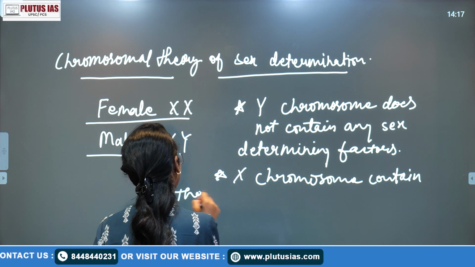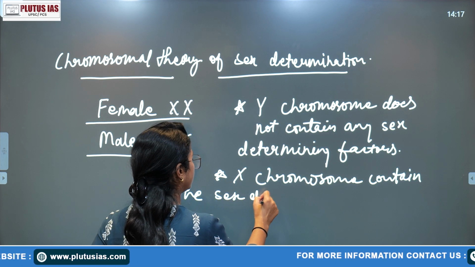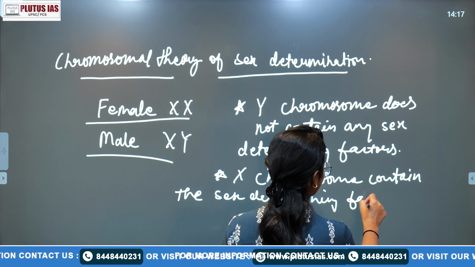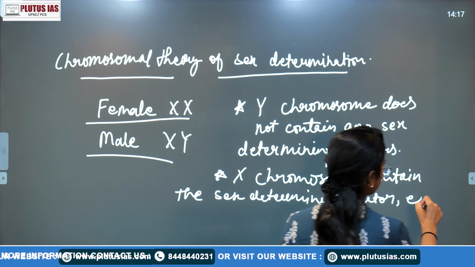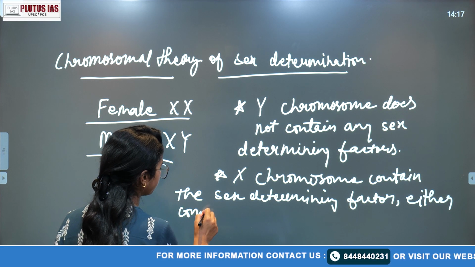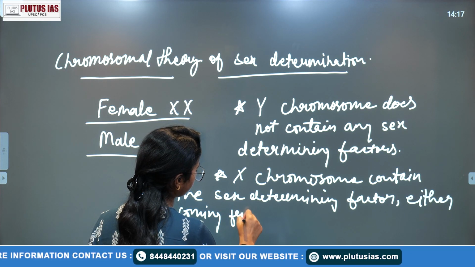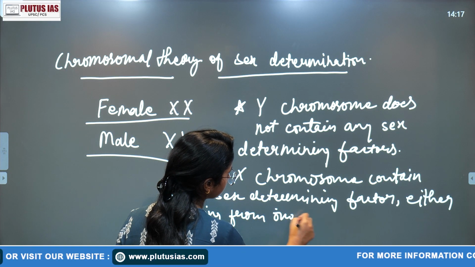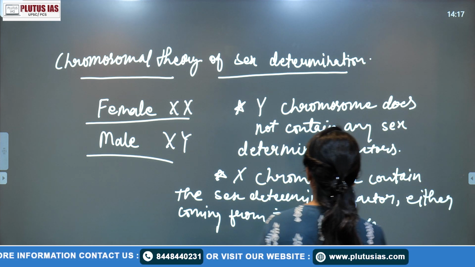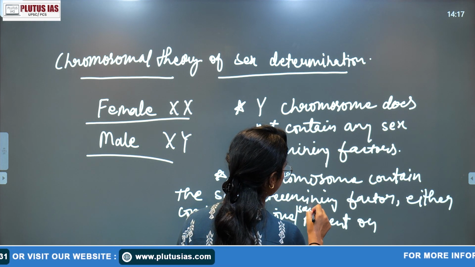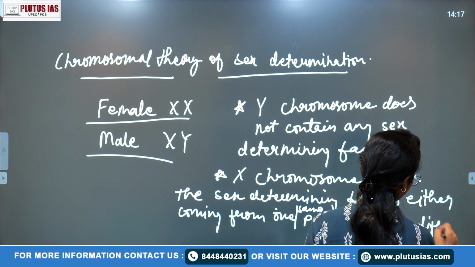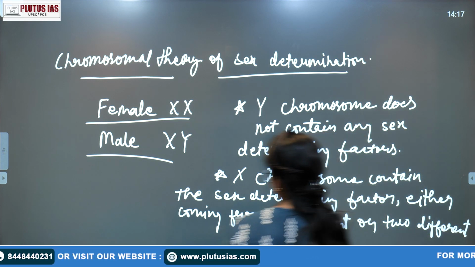This is the important point, this is a twist: the factor is either coming from the same parent, or from two different parents. What does that mean? I'll tell you.